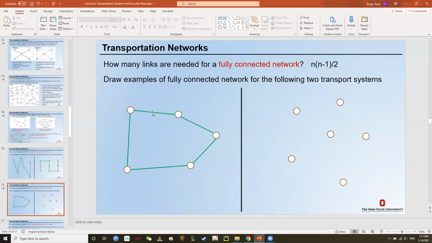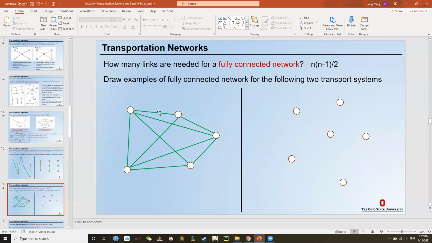Okay, so now we have 1, 2, 3, 4, 5, 5 links, and connect each node to all the rest of the nodes, which means this, right? So let's continue. This one to this one, also this one to this one.